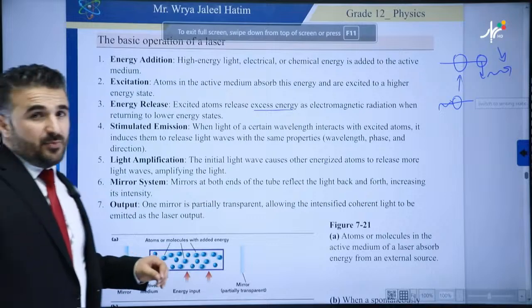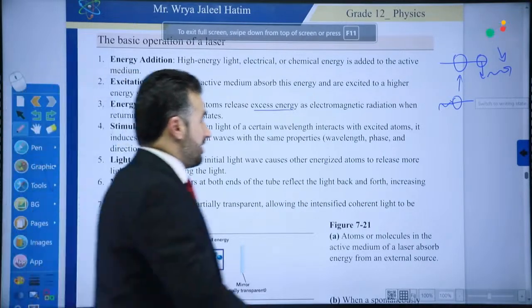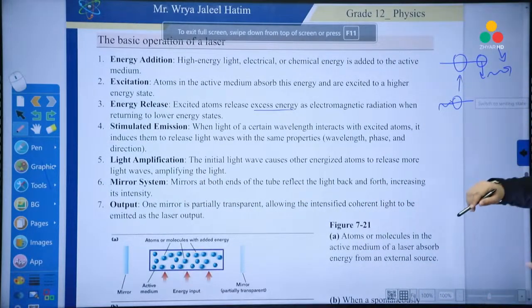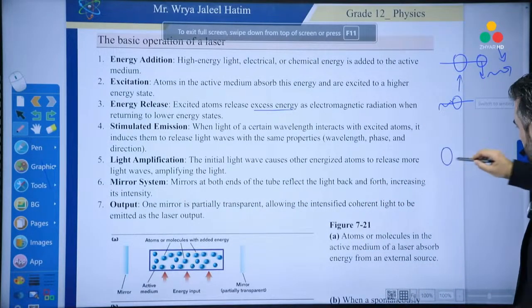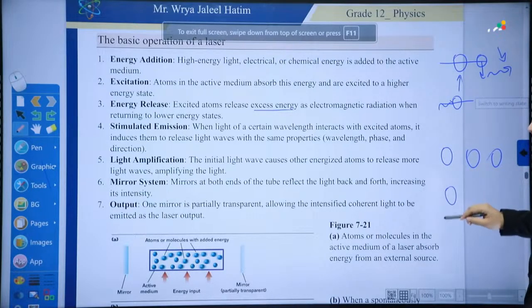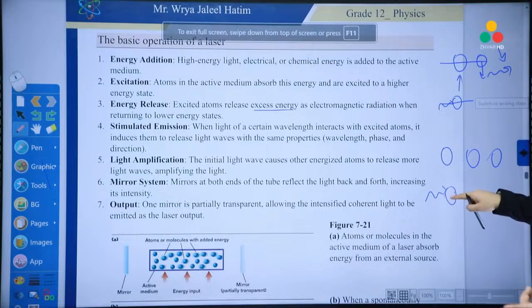Now that is one of the key points in making lasers. In stimulated emission, when the light emitted from this one encounters other electrons here, it makes this electron release two light waves.